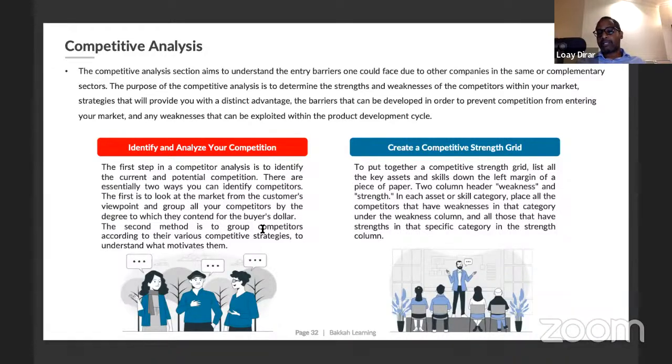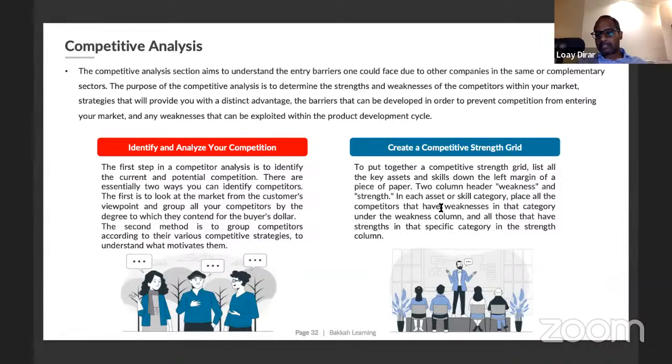And the second part is to create a competitive strengths grid. This is how you're going to compete with your competitors after getting to know which areas they are good at and what their weaknesses are. So to put together a competitive strengths grid, list all the key assets and skills down in the left margin. It's like a table, just create a table. Put all the skills on the left side of the paper, and as a two-column header, put weaknesses and strengths.